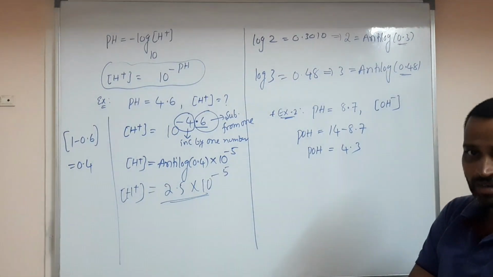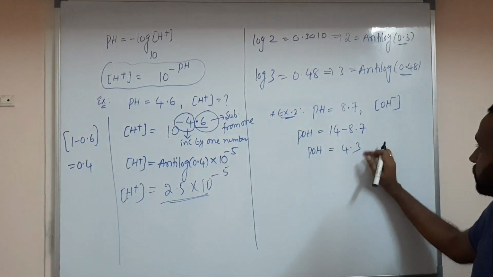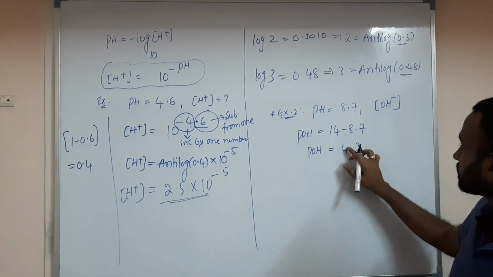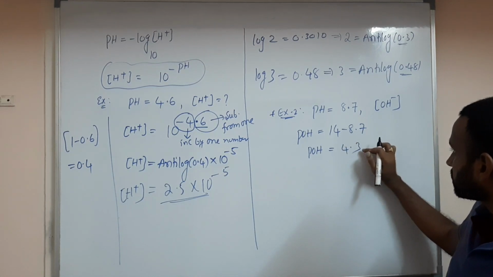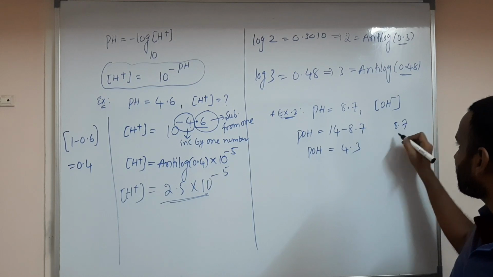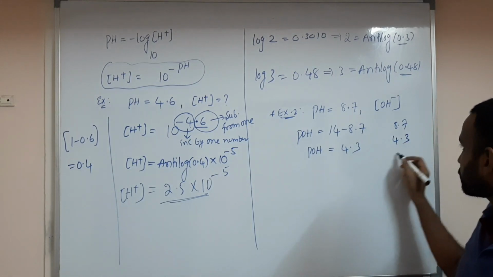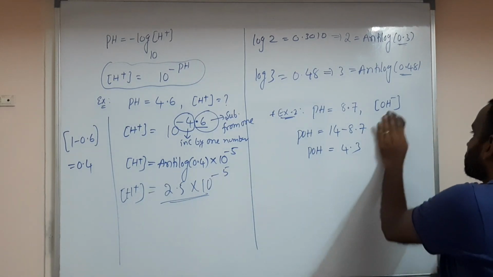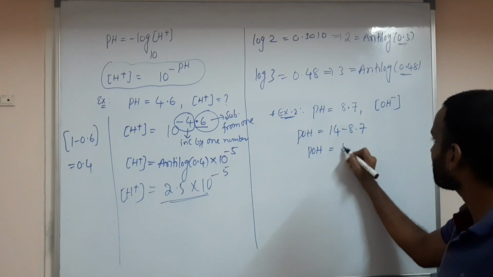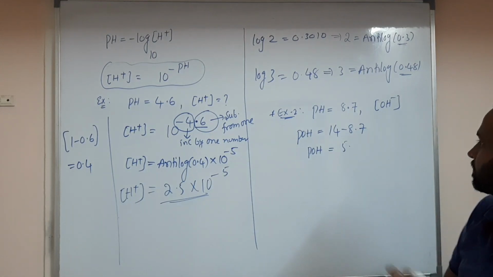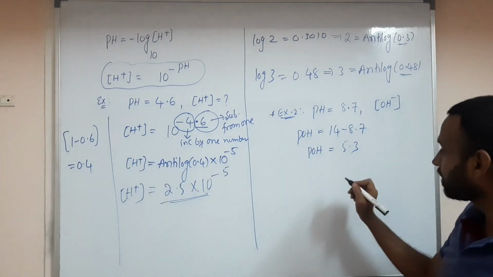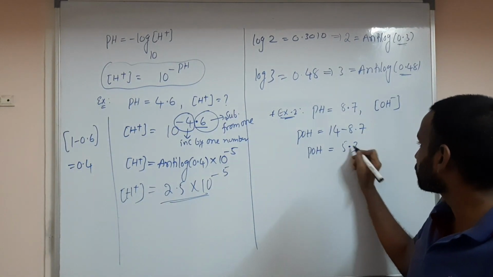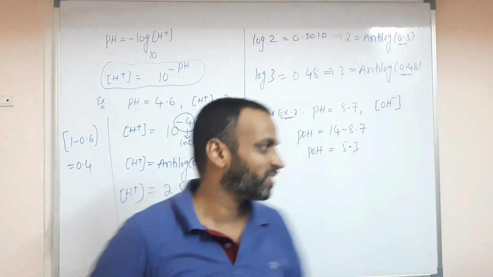So 14 minus 9 means 5, no. 14 minus 8.7 is 5.3. Yeah, 5.3. So please excuse me. pOH is equal to 5.3. I'm weak in maths. That's why I'm doing like this.